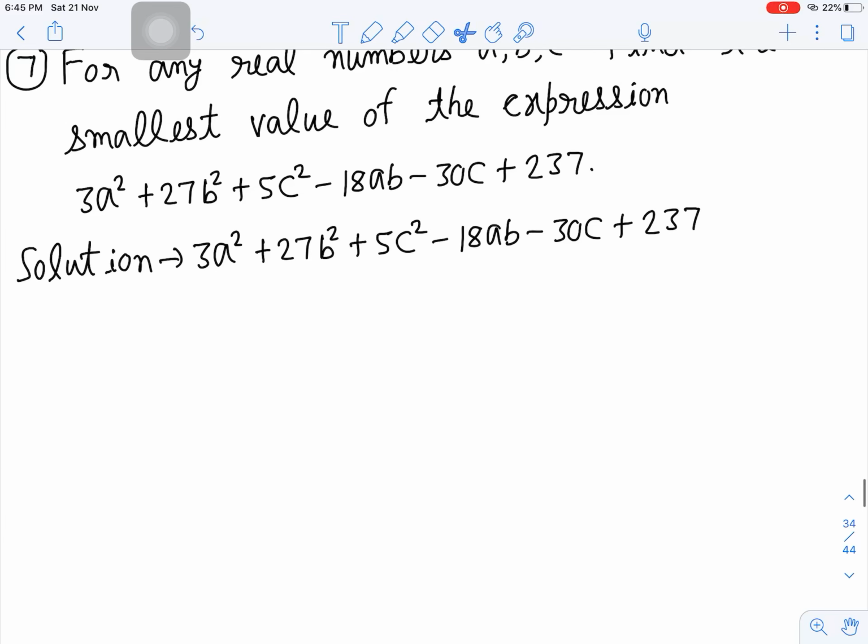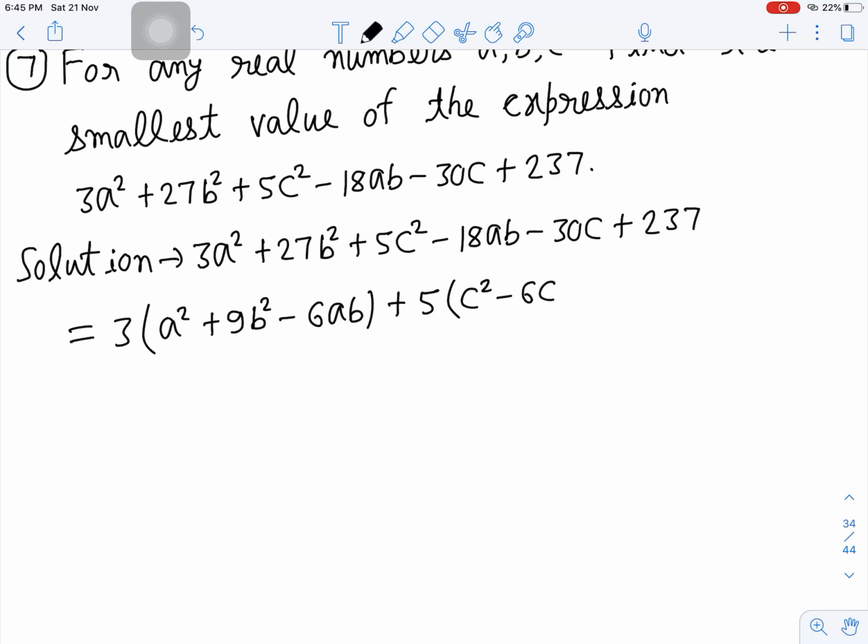So if you group 3a square, 27b square minus 18ab, we can take 3 common, then we'll get a square plus 9b square minus 6ab. Then in the term 5c square minus 30c, if you take 5 common, you will get c square minus 6c.